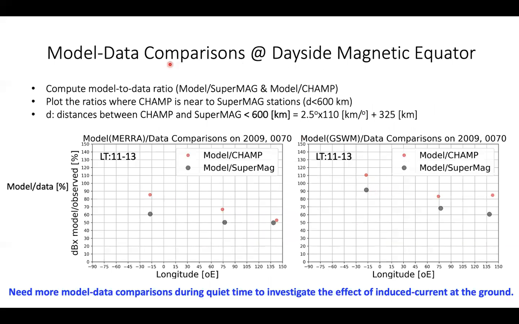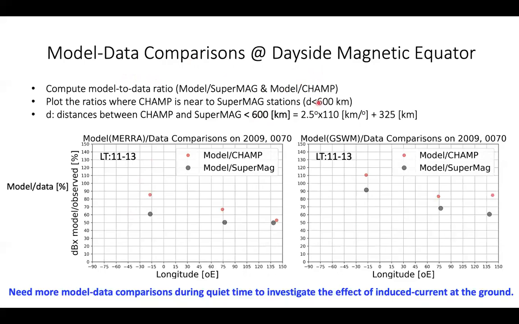And here is the model data comparison at the dayside magnetic equator. We compute the model to data ratio for Supermag and the CHAMP data, and plot the ratio where the CHAMP is near to the Supermag station.